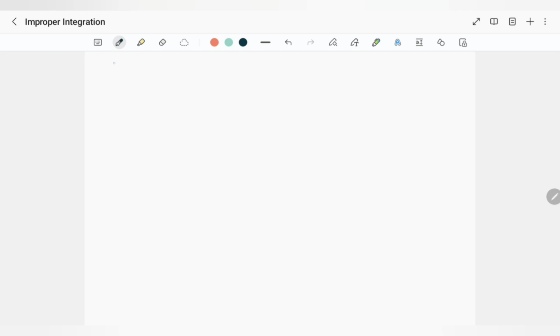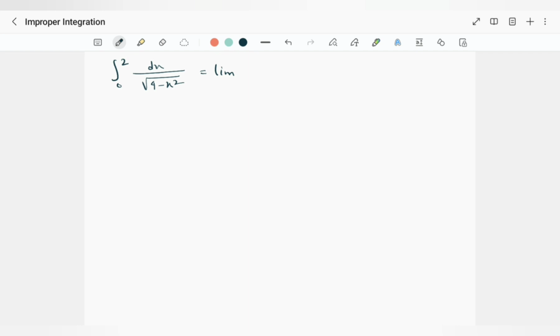Now I am taking an example of a second kind improper integration. So we know the rule. First check at which point the function is not bounded. So the function is 1 by square root of 4 minus x square.